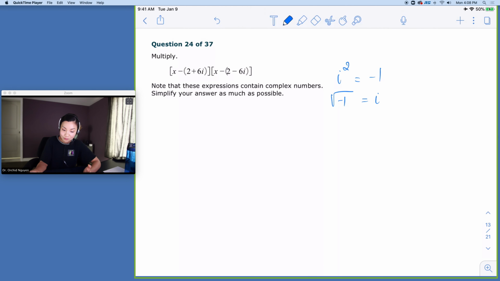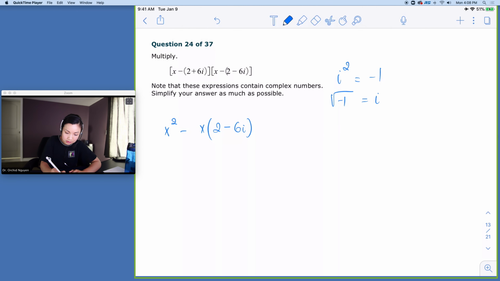Let's FOIL, right? So we have x squared minus x times 2 minus 6i, negative x times 2 plus 6i.